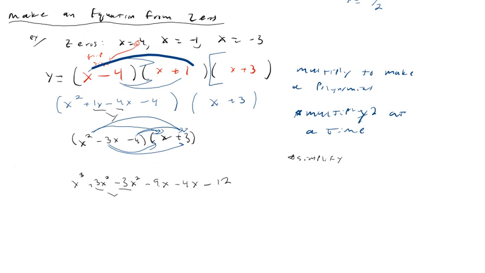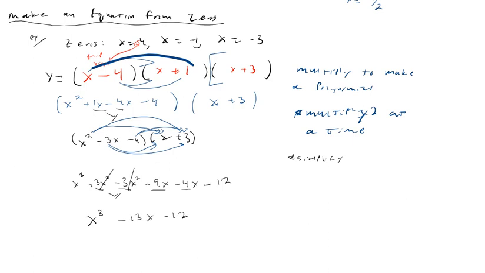So the x cubed is part of my answer. These two combined together, negative 4x and negative 9x, make negative 13x minus 12. And this is my equation. I should say y equals. This is my polynomial equation.